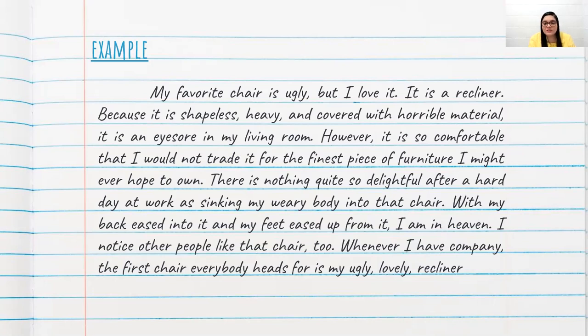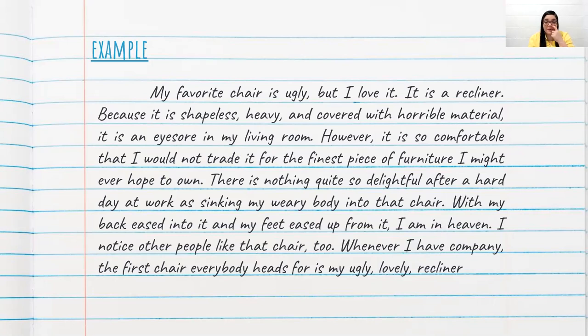There is nothing quite so delightful after a hard day at work as sinking my weary body into that chair, with my back eased into it and my feet eased up from it. I am in heaven. I notice other people like that chair too. Whenever I have company, the first chair everybody heads for is my ugly, lovely recliner.